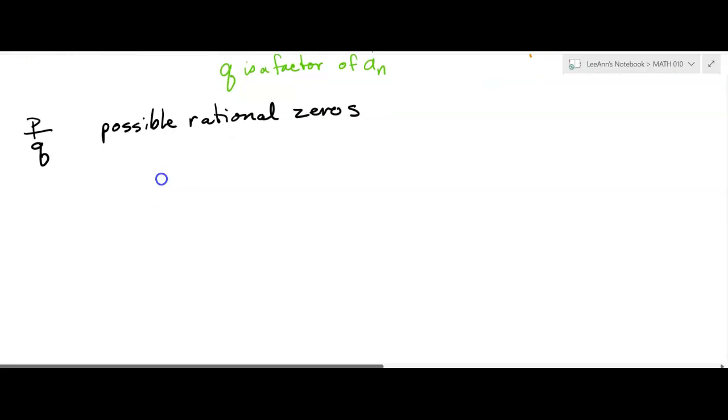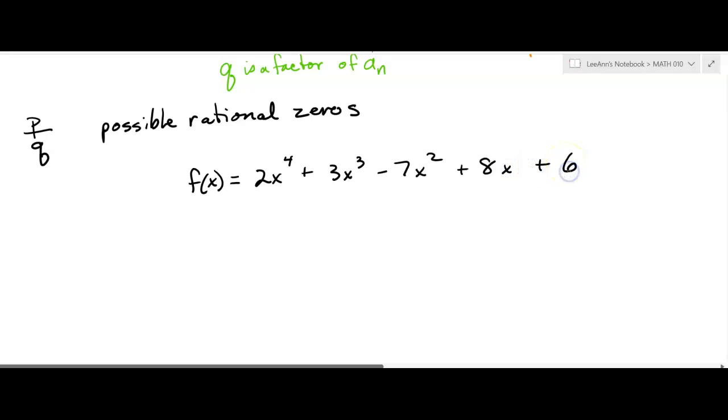So let me give you a little example here real quick. Let's say you have f of x equals 2x to the 4th plus 3x cubed minus 7x squared plus 8x plus 6. Okay.